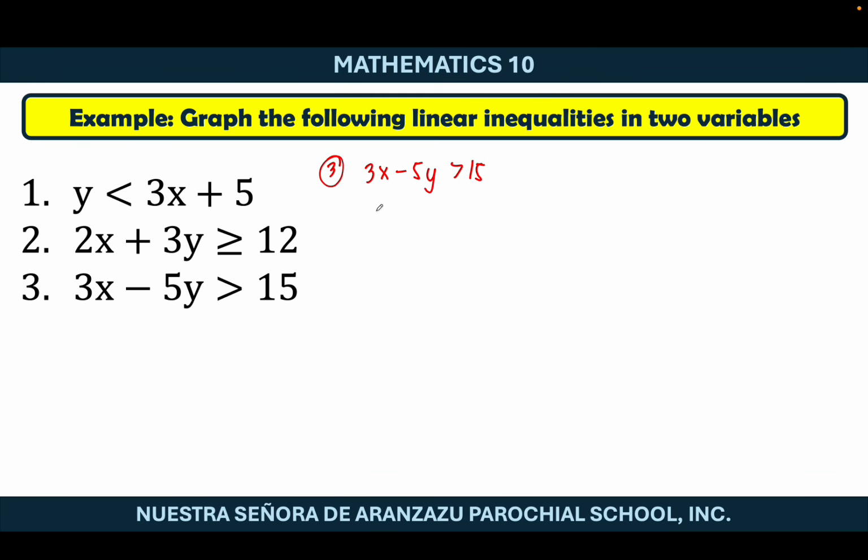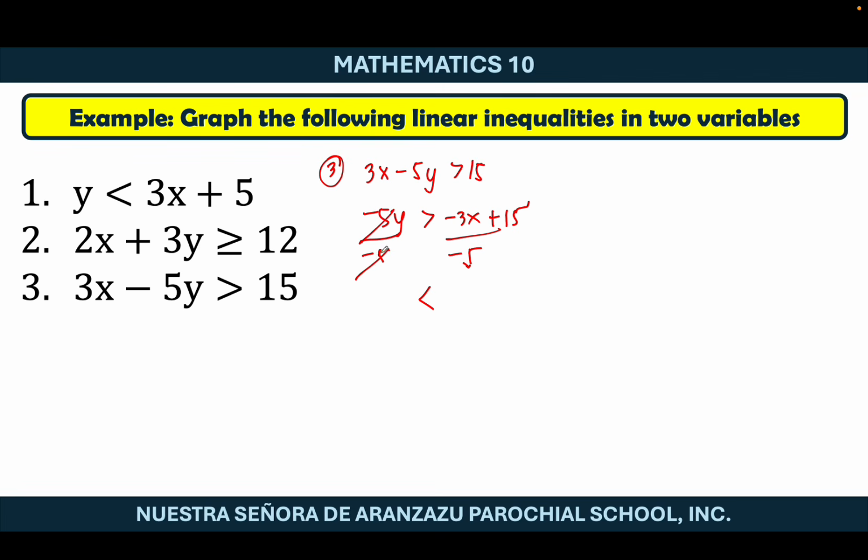So, transpose 3x, so that will become negative 5y greater than negative 3x plus 15. Then, divide both side by negative 5. Now, kapag nag-divide ka ng negative number sa inequality, nag-change yung direction niyan. So, from greater than, magiging less than.